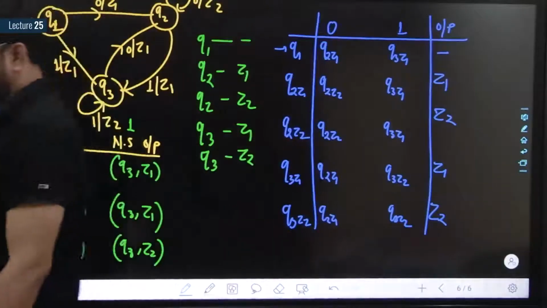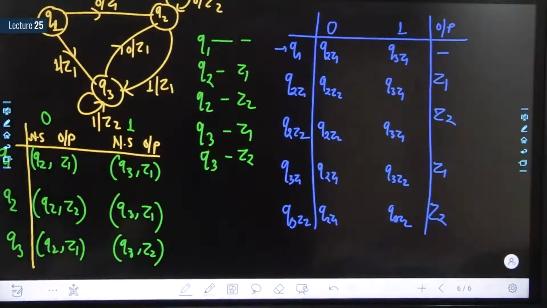Clear? This is the equivalent Moore machine. Check. If there is any doubt, you can ask me.